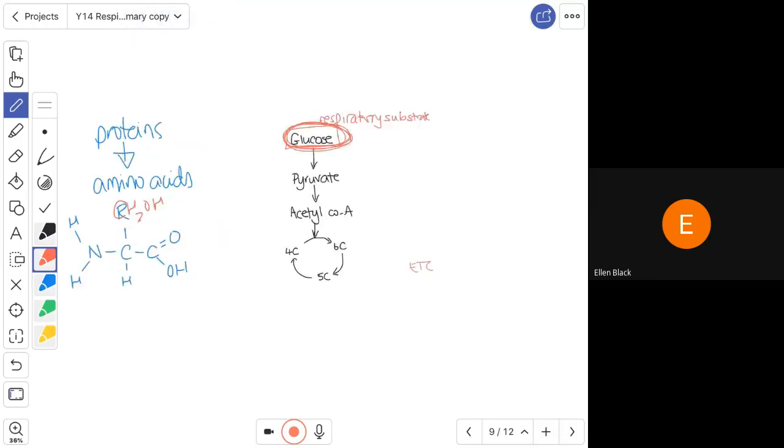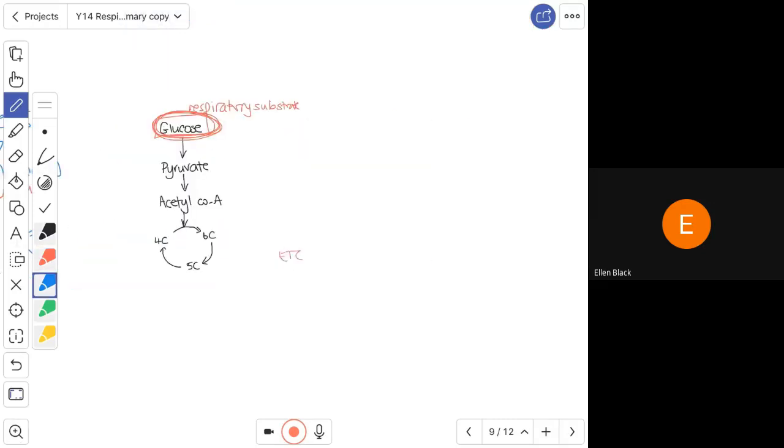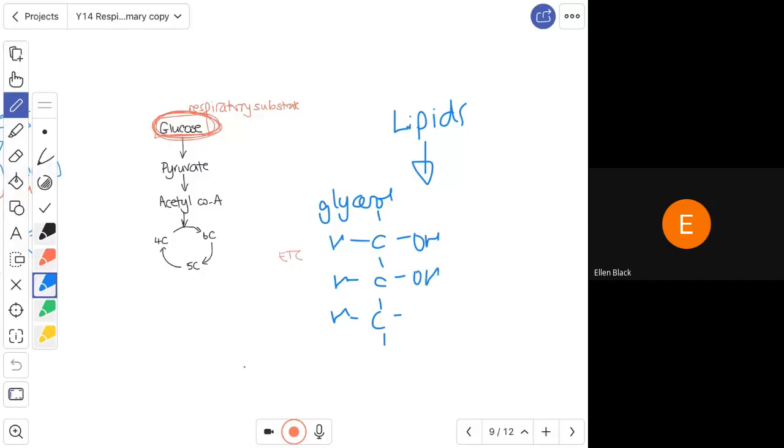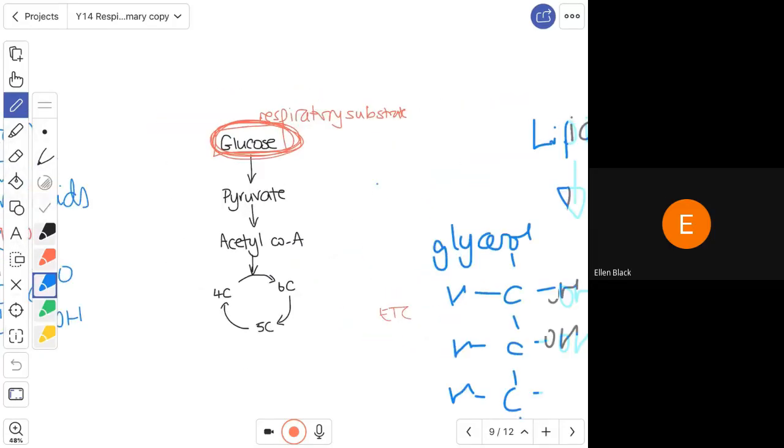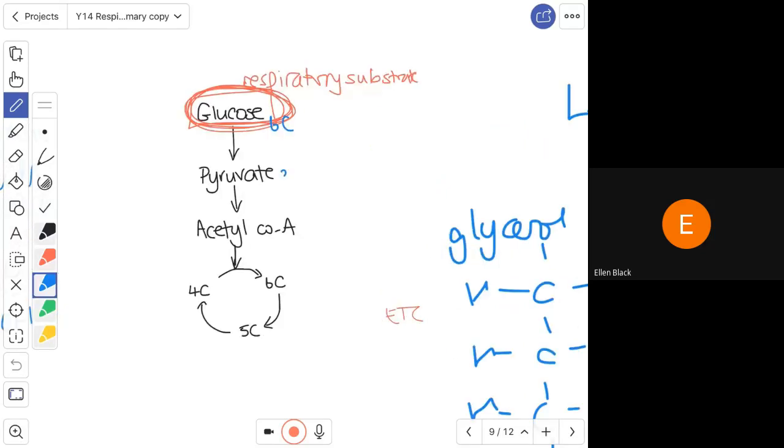If we look at the other side and think about lipids, lipids will be hydrolyzed into glycerol. Glycerol looks like this, and these are all just hydrogens, C3H8. Sorry, we've got C3, these are all hydrogens, the other side are HOs. Now, anytime we looked at this, I was keen that you would write things like 6 carbons, 3 carbons, 2 carbons, 6, 5, and 4.